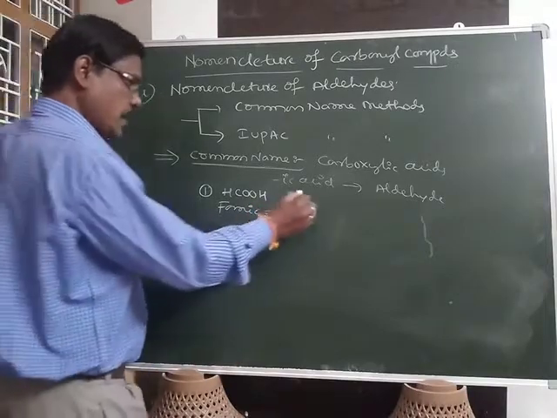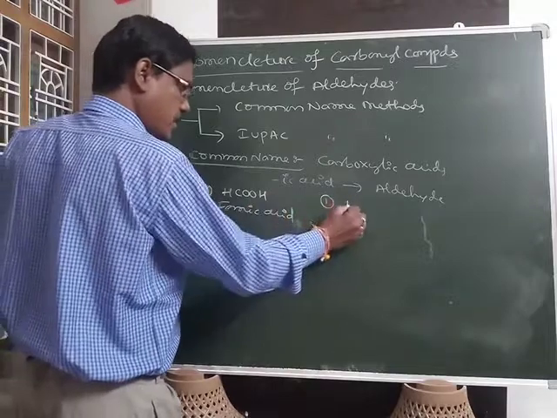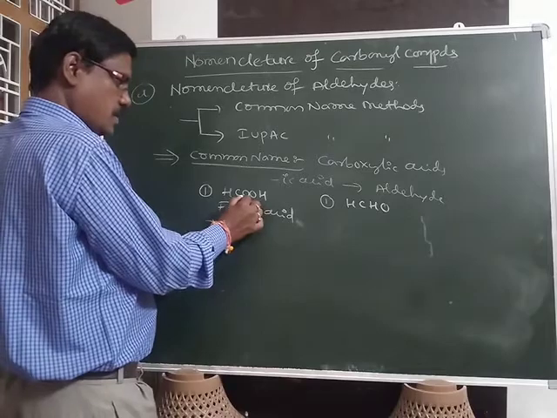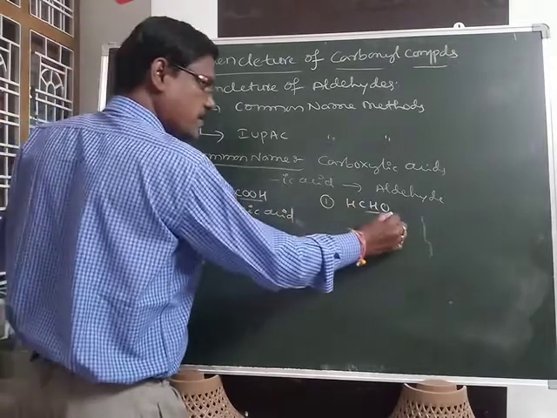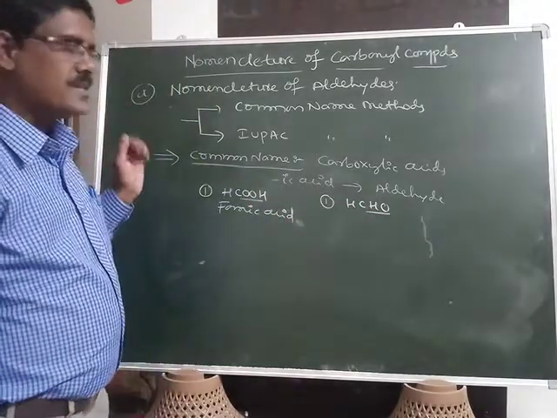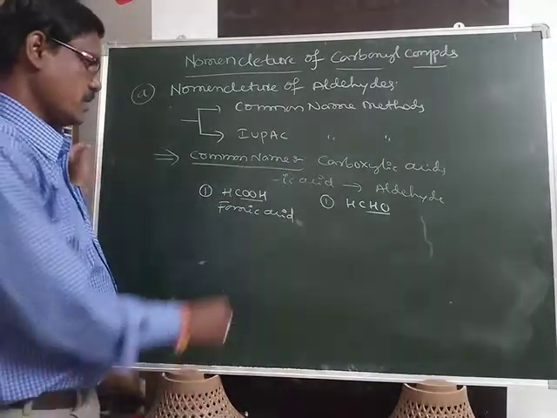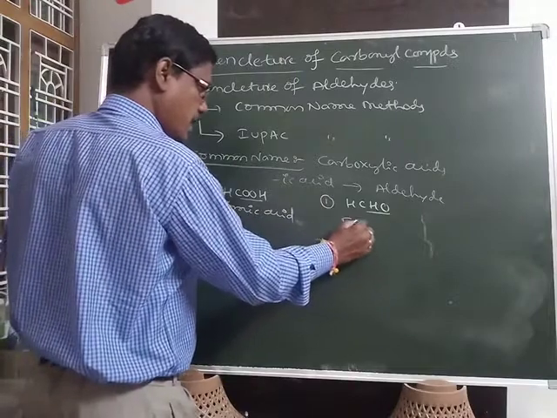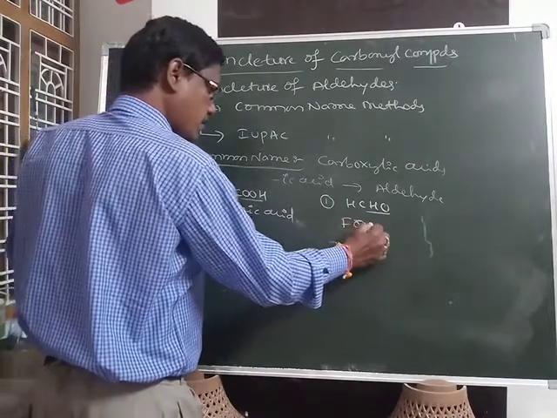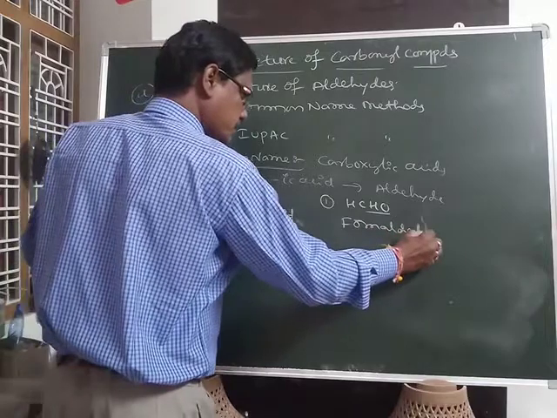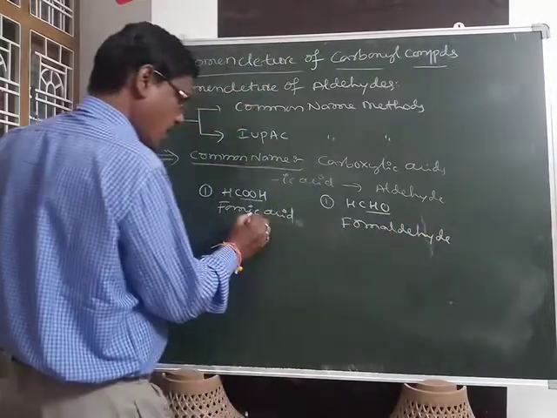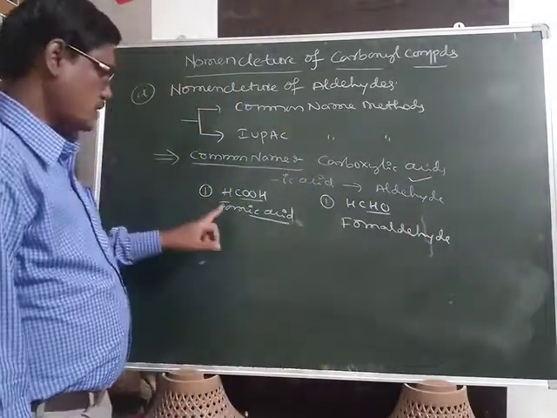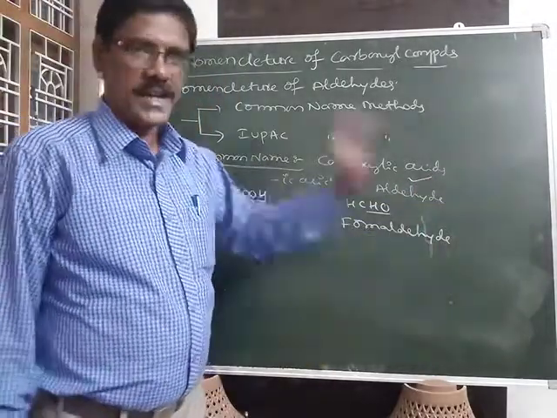Now its aldehyde is HCHO. Here the COOH group is replaced by the CHO group and then it is called an aldehyde. In the name formic acid, ic acid is replaced by aldehyde, giving formaldehyde. That's why formic acid, formaldehyde.